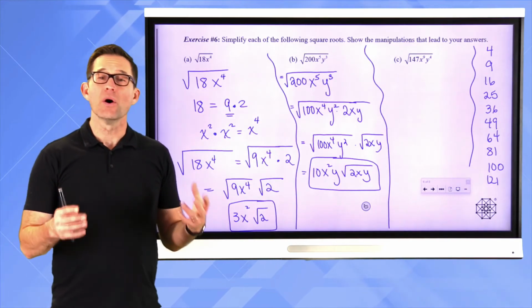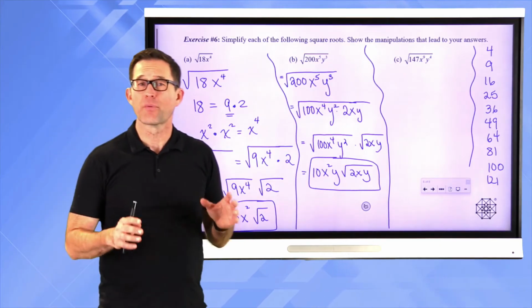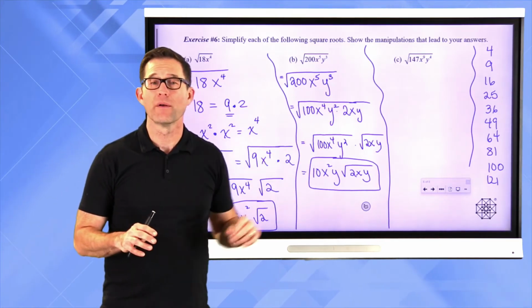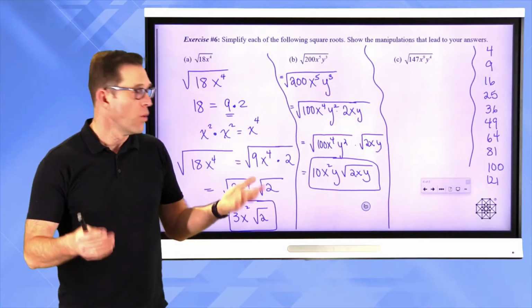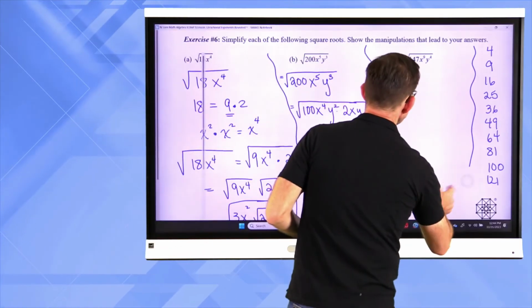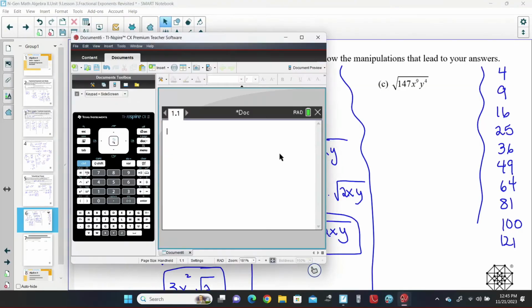All right, so, now that you've thought about it a little bit, you've probably figured out what number goes into 147. But if you didn't, what you want to do at this point, because sometimes it can be tricky, is just take the calculator out. Now, you're looking at 147, so there's no way it's an even one, right? It can't be either 4 or 16 or 36. So maybe I'm thinking, is 9 the biggest one?